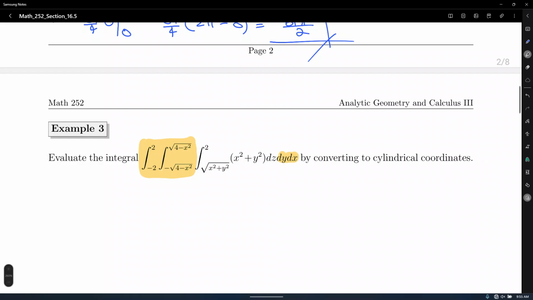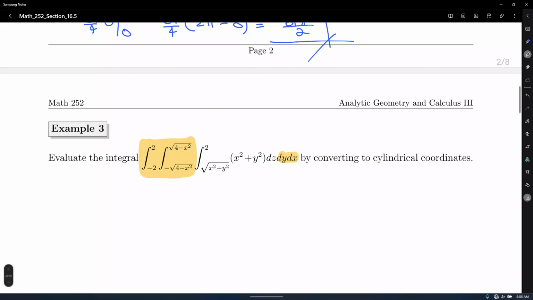What is square root of 4 minus x squared? If you think about it, what does that represent, without changing to cylindrical coordinates, just geometrically?